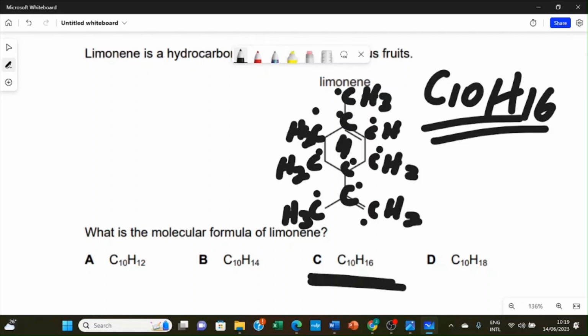So we'll start with calculation of empirical formula. Then move over to calculation of what? Molecular formula. Now, for you to calculate the empirical formula of an organic compound or any other compound, what you need is the mass of each of the elements or the percentage composition by mass of each of the elements.